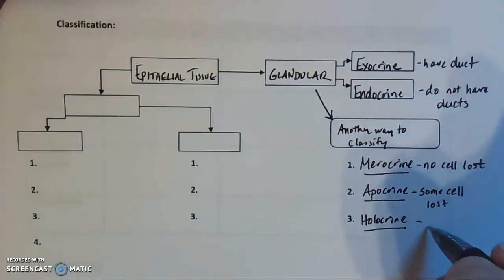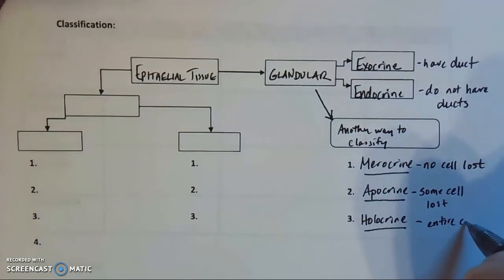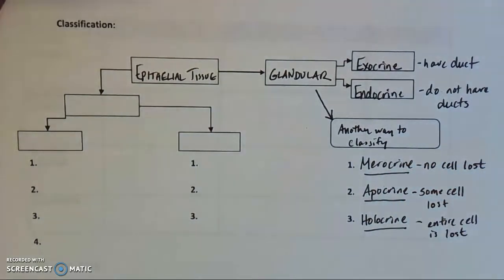And holocrine, the entire cell is lost. So it basically breaks open and releases its substances, but in doing so, it compromises the whole cell. So that is one way to classify this. So holocrine basically destroys the cell or sacrifices a cell to release its substances.